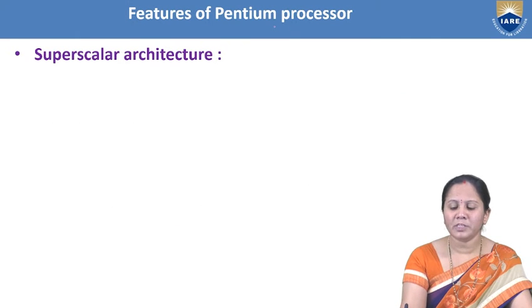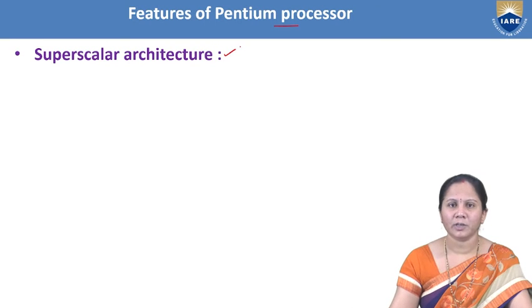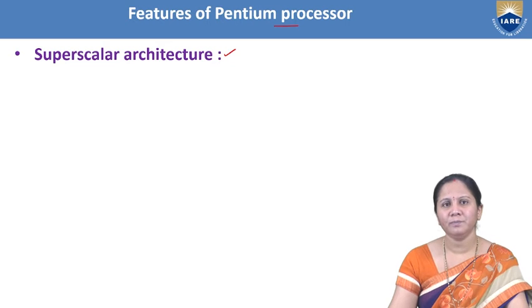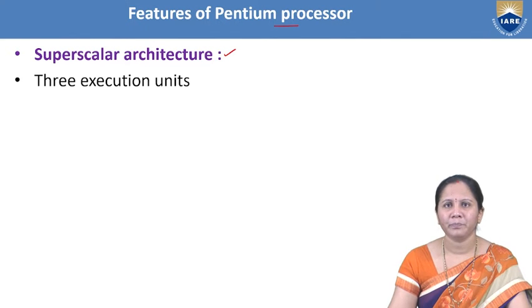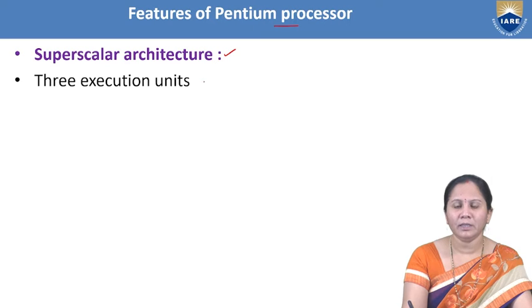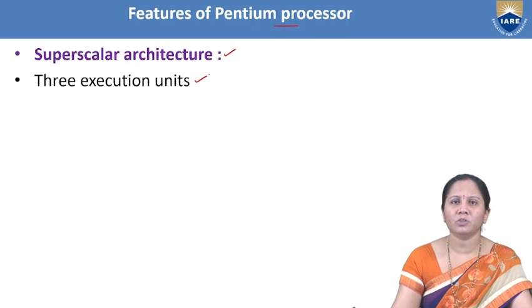Now, another feature of Pentium processor is superscalar architecture. It consists of two execution units related to integer and one execution unit related to floating point, so totally 3 execution units are there.